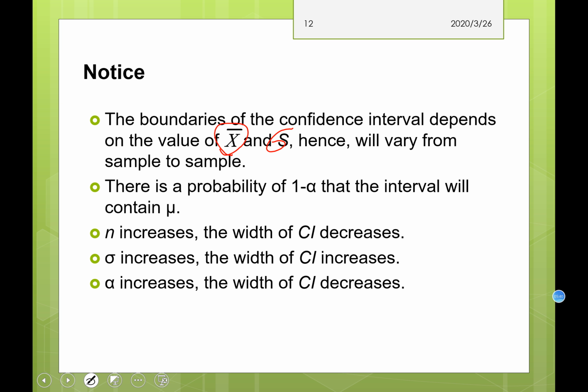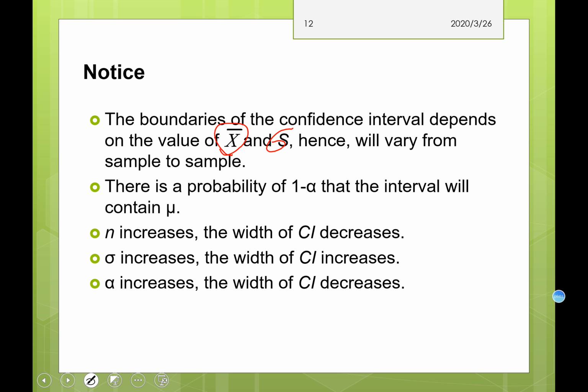So if the confidence interval depends on the value of x bar, that means the confidence interval can vary from sample to sample. So even from the same population, we draw different samples and we can get different confidence intervals.